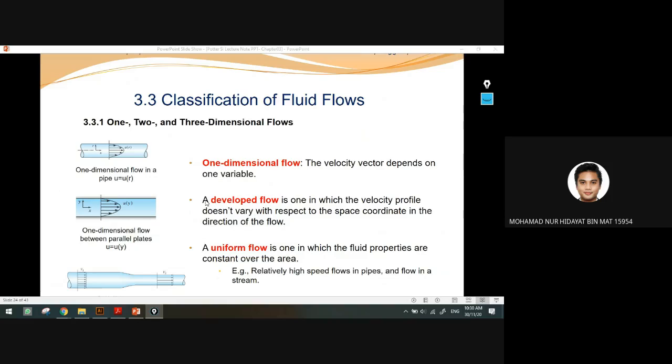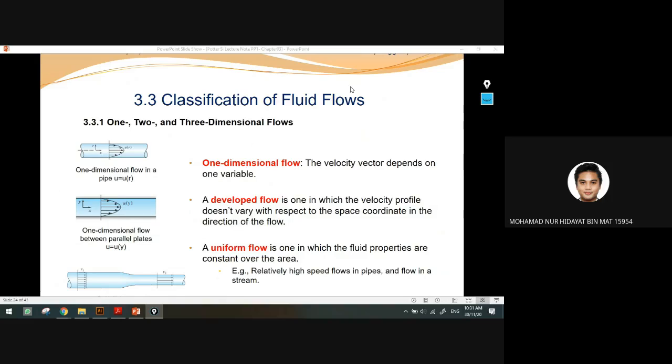So I think this is very easy for you to digest. You only learn about developed flow, which is one in which the velocity profile does not vary with respect to the space coordinate in the direction of flow.